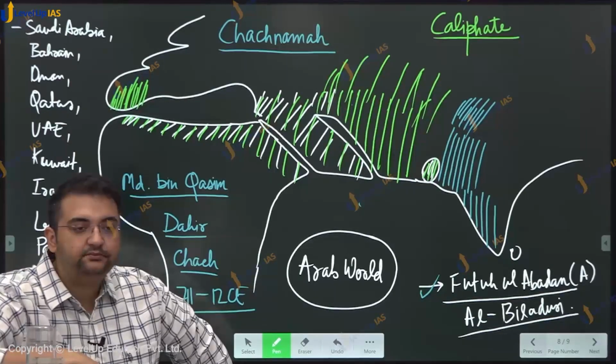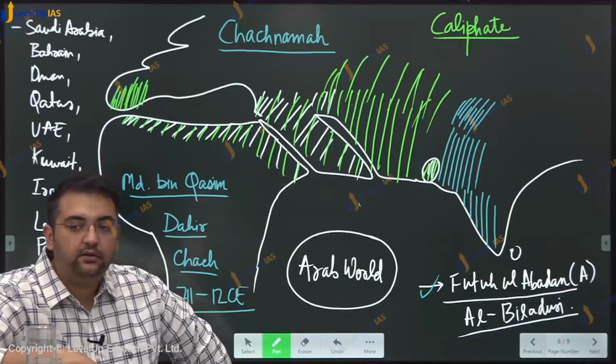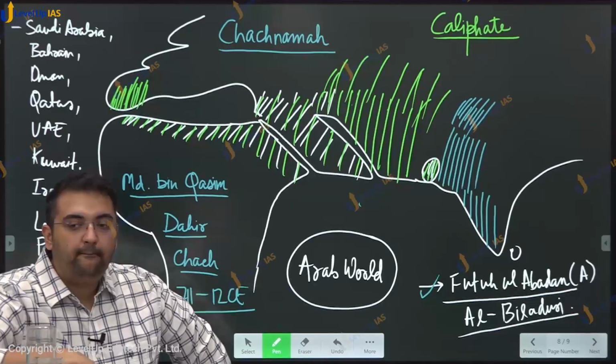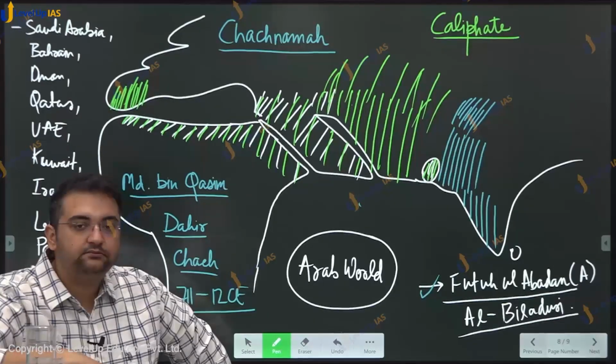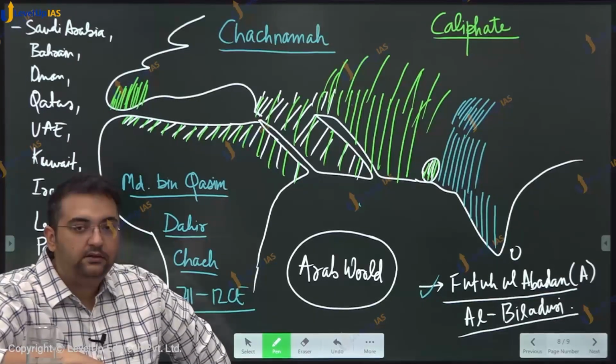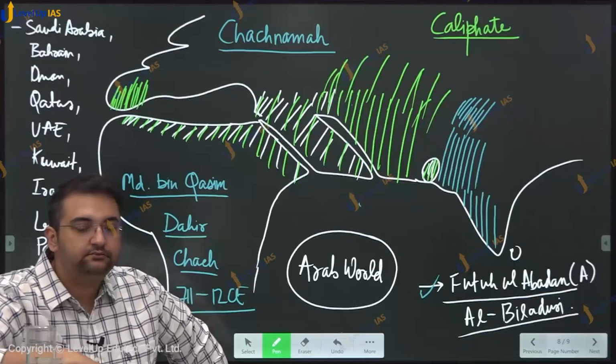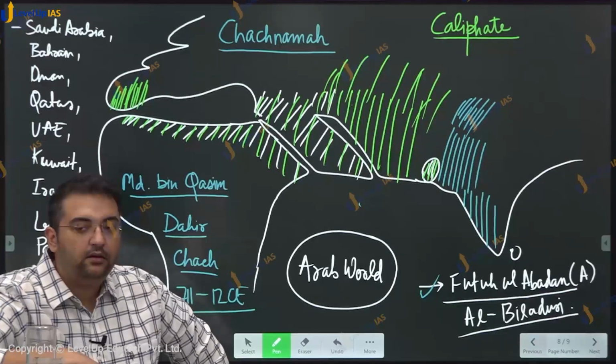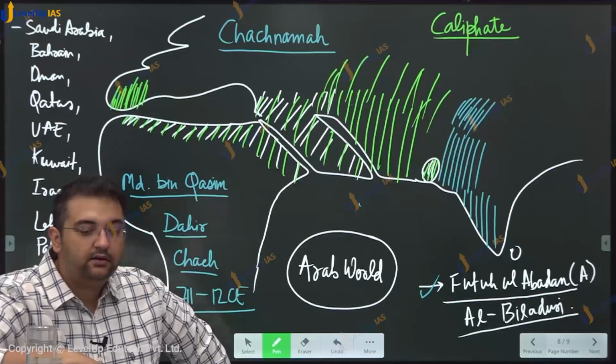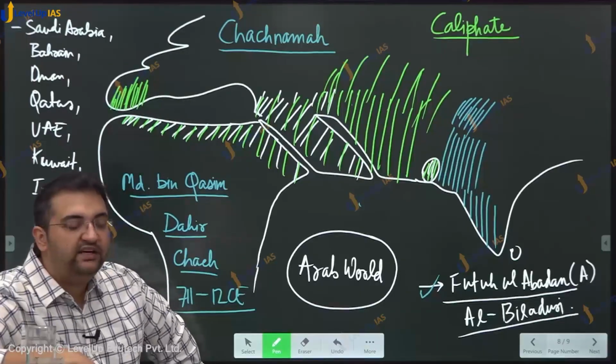However, next main point. However, modern historians believe that this was simply a pretext used by the Arabs to invade Sindh.